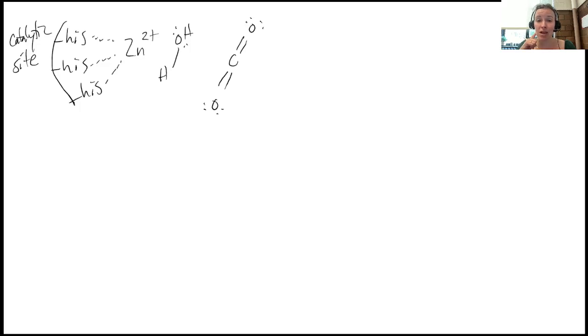We've seen this in other mechanisms, haven't we? So the very first thing that's going to be happening in this mechanism is our zinc ion is going to polarize this water molecule.